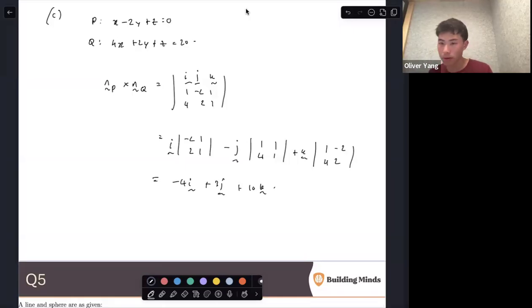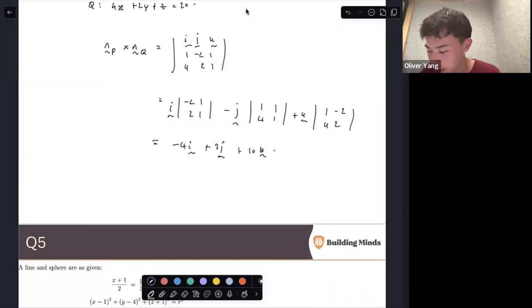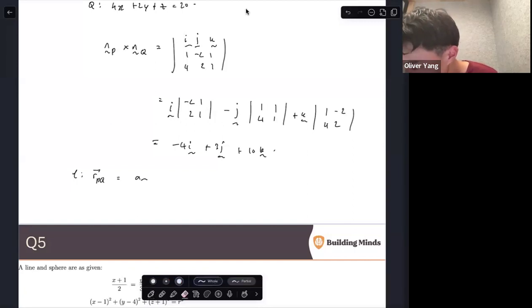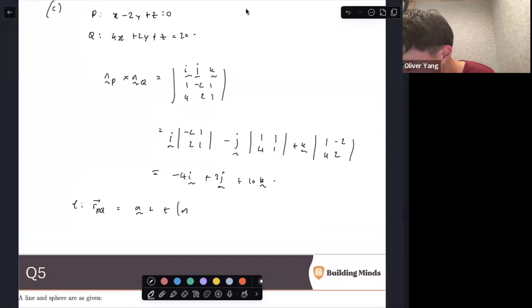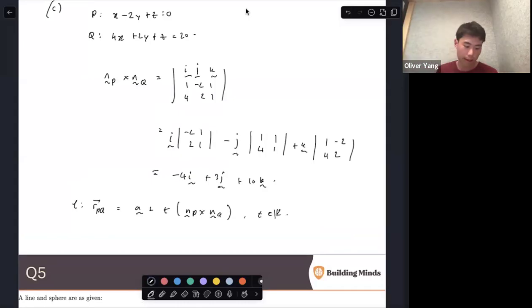And then we want a point, because we know that the line at which it intersects is in the form of, let's say, R of PQ equals a point, call this A on this line, plus a parameter T times what we've just done, NP cross NQ, where T is an element of all reals.